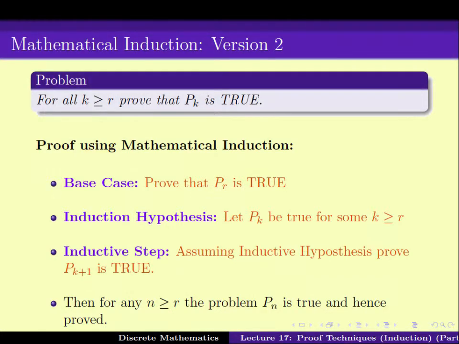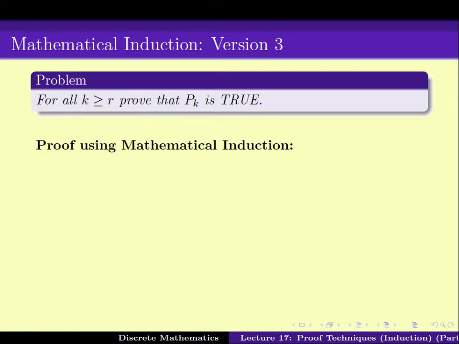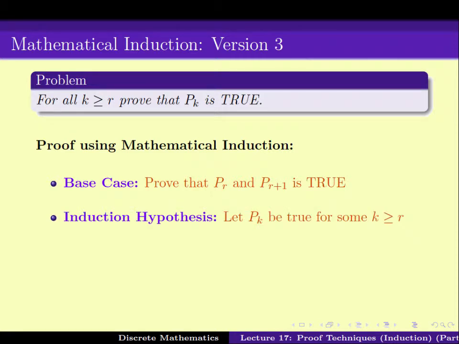So in this video we look at a third version. Let's start with the same thing. The statement may be that for all k greater than or equal to r, we want to prove that Pk is true. But now I start with a different base case, namely Pr and Pr plus 1 are true.